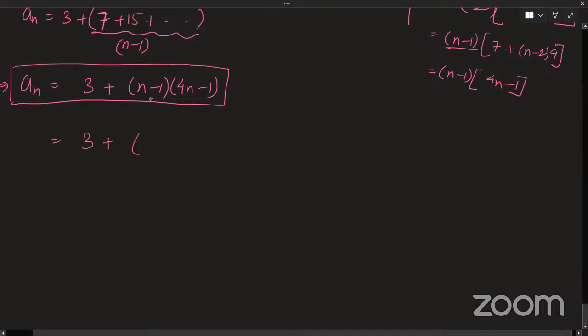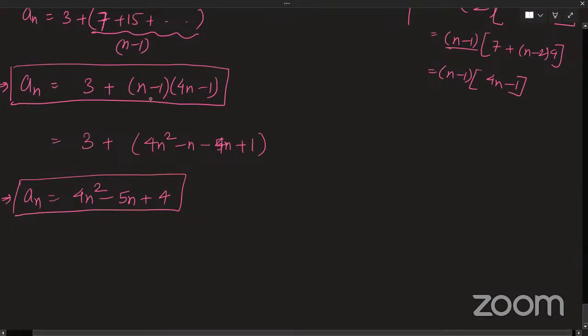So it is 3 plus 4n square minus n minus 4n plus 1, right? So it is 4n square minus 5n plus 4. Will you be able to take the summation of this thing? So plus 3.